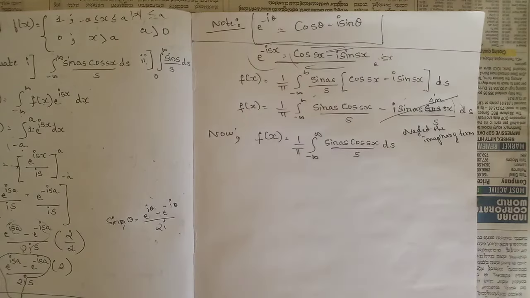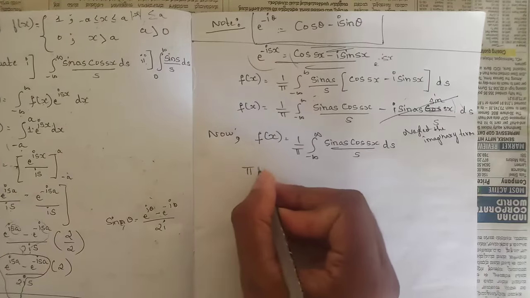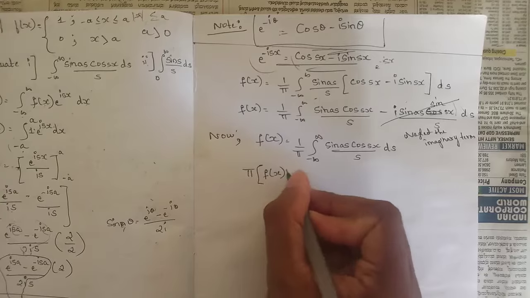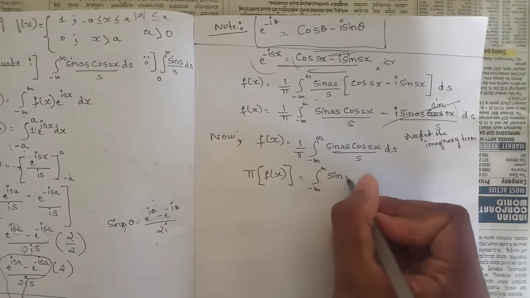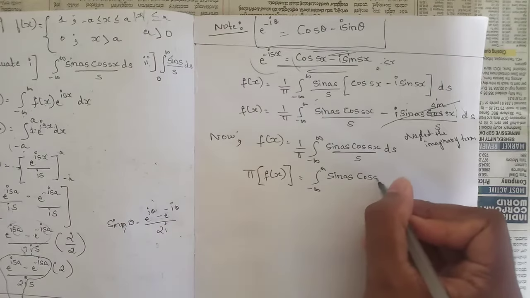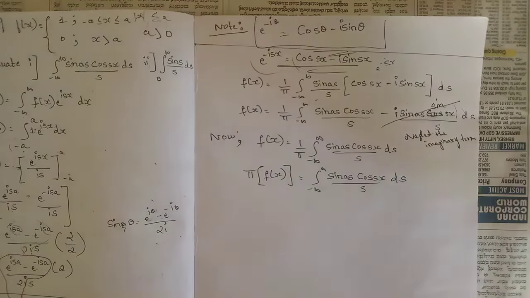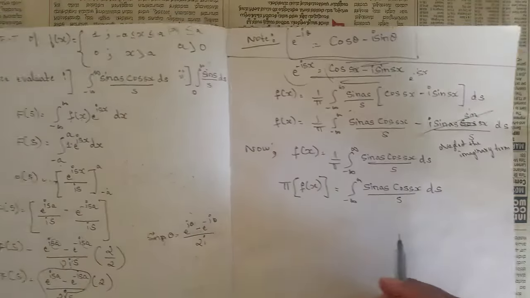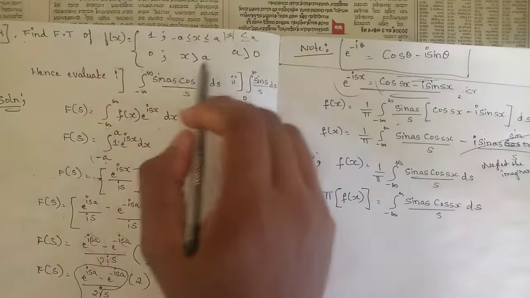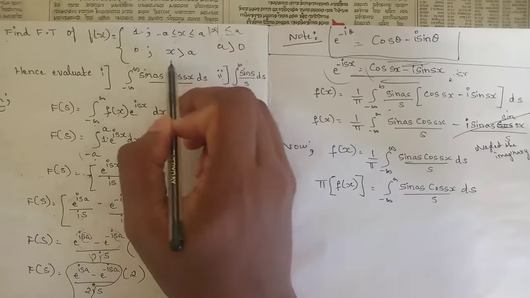Now take this pi to the other side, so this becomes pi into f of x is equal to the integral from minus infinity to infinity of sin as into cos sx by s into ds. So we've reached the solution. This f of x, we know from the question, is given as: f of x is 1 when x lies between minus a to a, and 0 when x is greater than a.